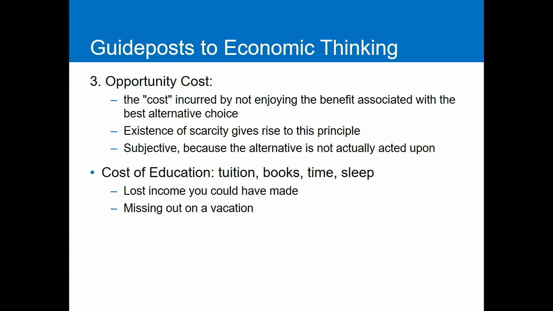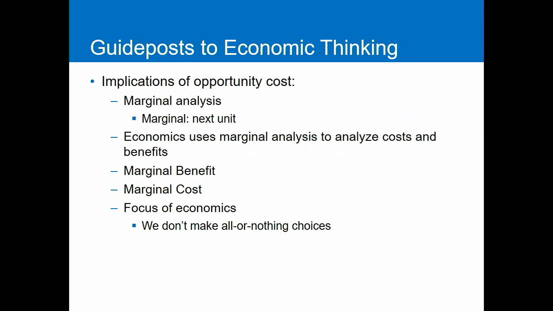Because each of us is different, with different wants and from different situations, these opportunity costs are going to be different. For some of you, it might be hanging out with family. For other people, it might be flying to Europe. Now, something that comes out of the implications of opportunity cost is marginal analysis. By marginal analysis, I mean when you're looking at a change or a decision, you have to look at the next unit.